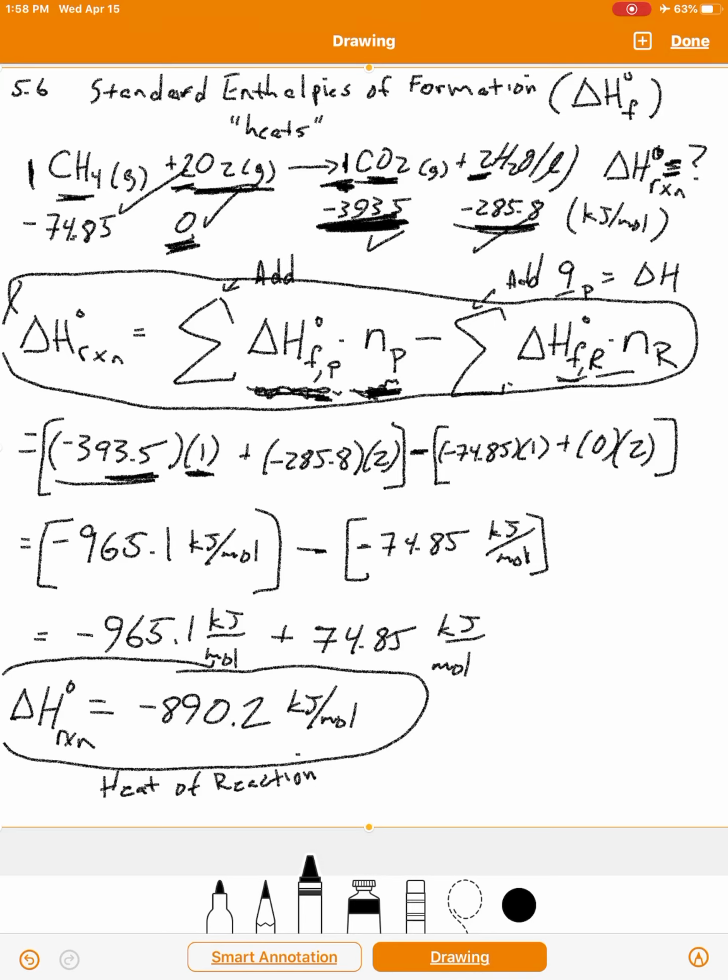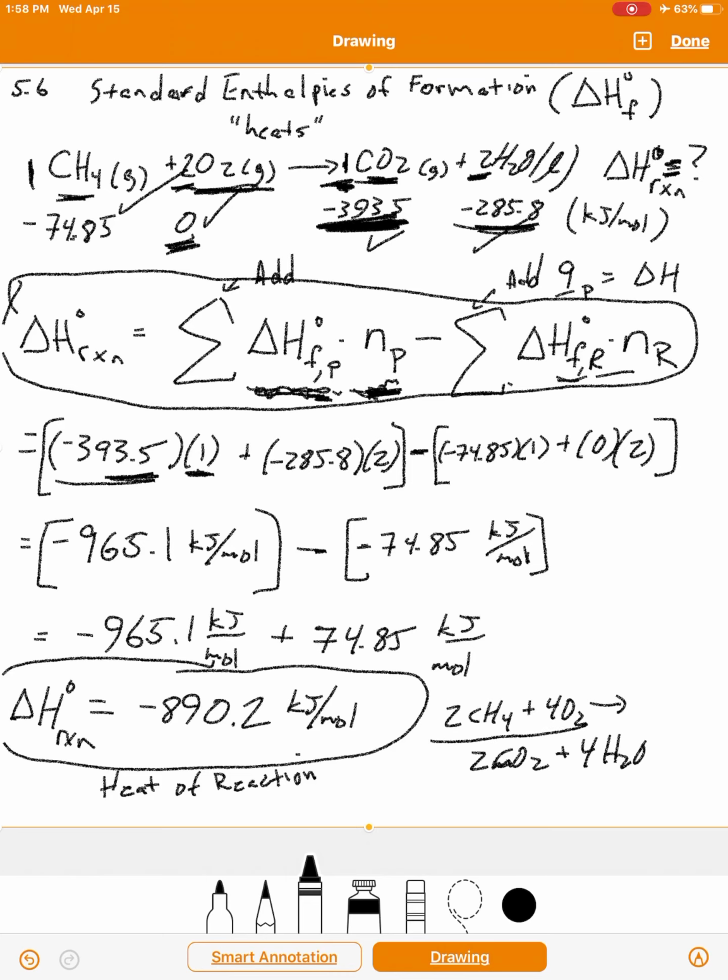And you might ask, well, wait a minute, what if I balanced the equation differently? What if I said, hey, I'm going to have 2 moles of methane and 4 moles of oxygen and 2 moles of carbon dioxide and 4 moles of water? Wouldn't that change the value? And the answer is absolutely, it would change the value.